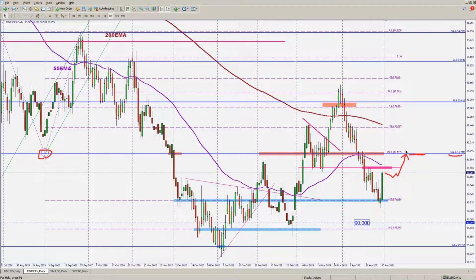However, it has to drive even further if it's going to make any significant recovery. And as well as this level, there is the daily 55 EMA coming into play, which is the inverse of the euro. And the daily 55 is potential support.